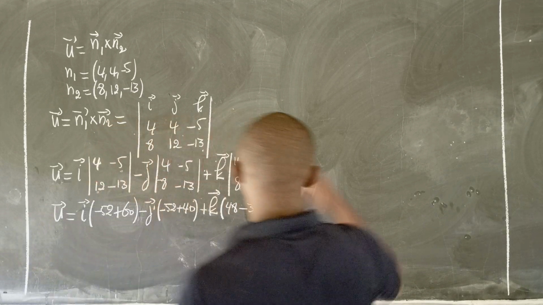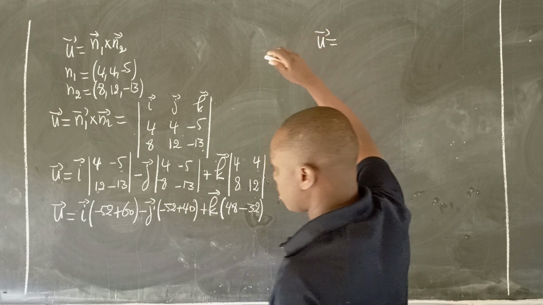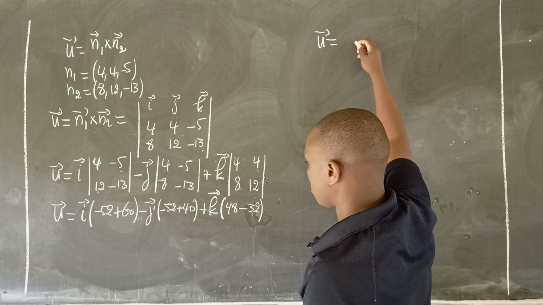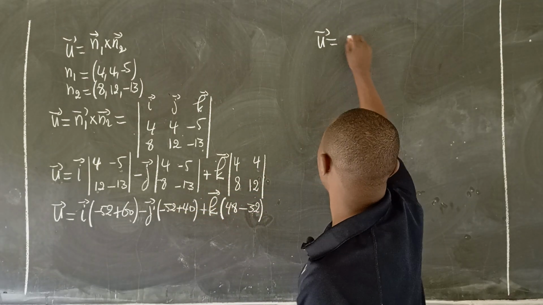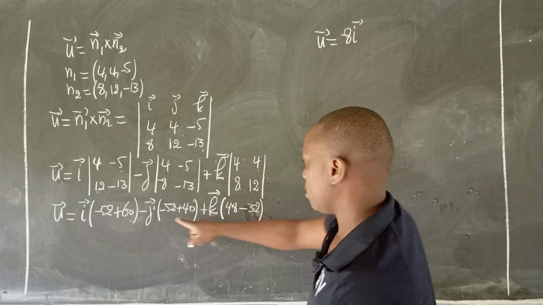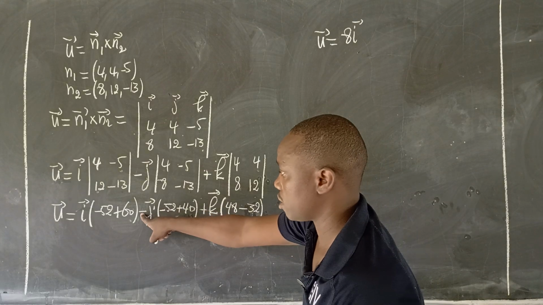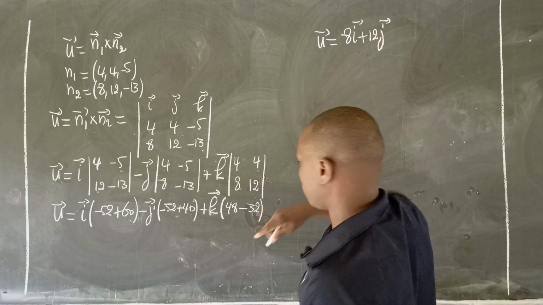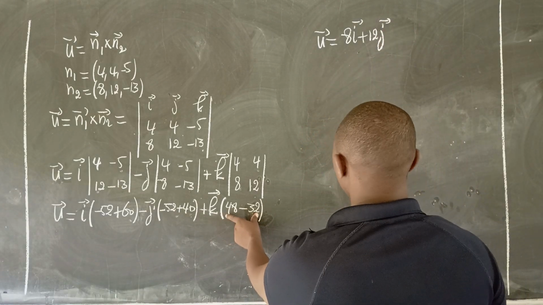As you see here, our U has the coordinates 8i, minus this, which is negative 12 times negative, so positive 12j, and this one is, I guess, 16.